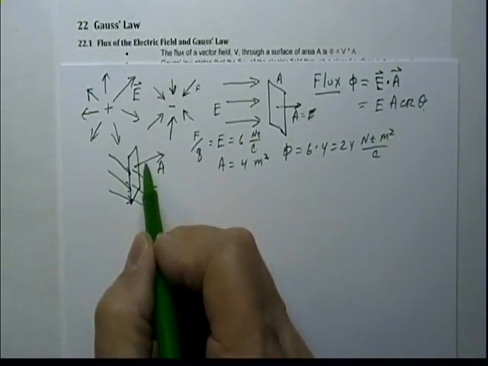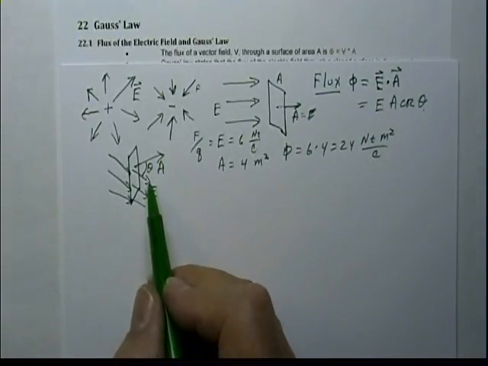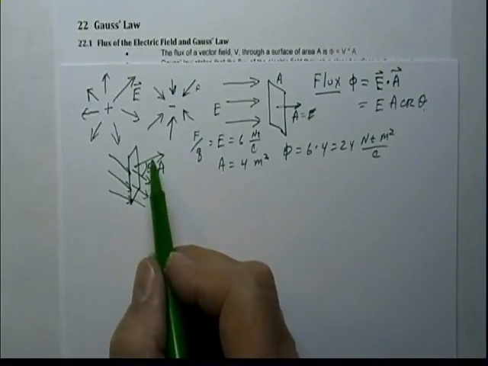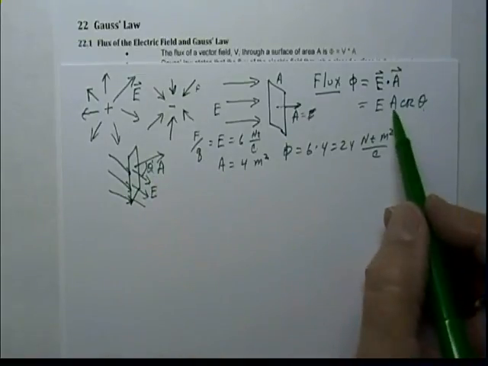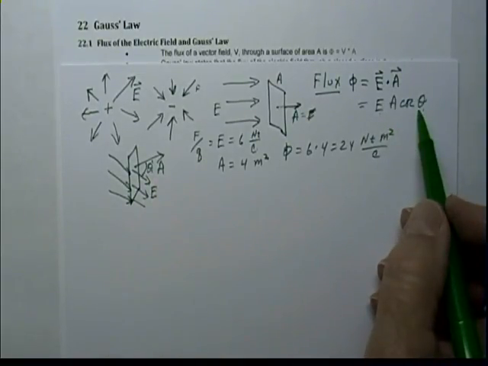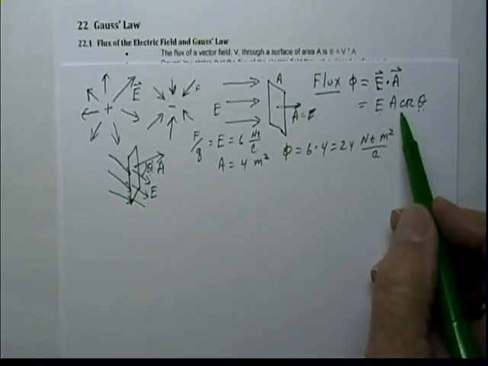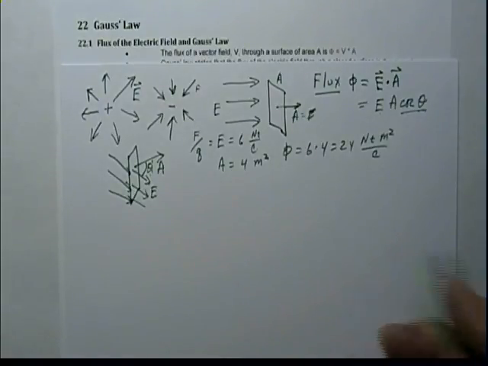And here's the electric field. You can see that there's an angle theta between the two. And the only thing that's effective for determining the flux is then that part of the electric field that projects in the direction of A, and that of course is E cosine theta, which is exactly what we have in our equation. And so if the two are at an angle, we must remember to use the cosine of the angle between them in order to compute the flux.